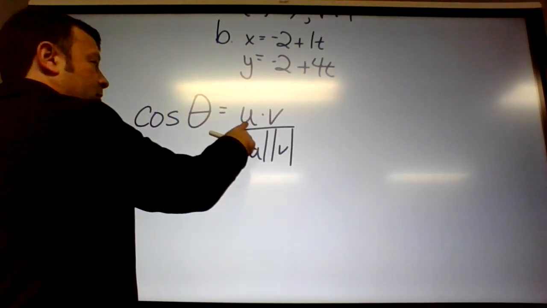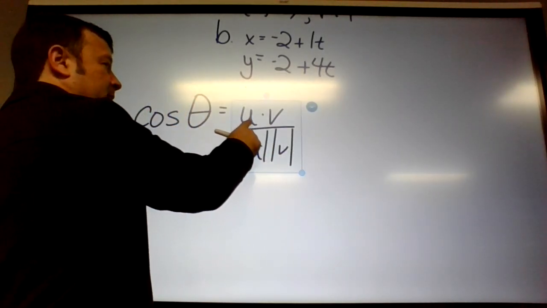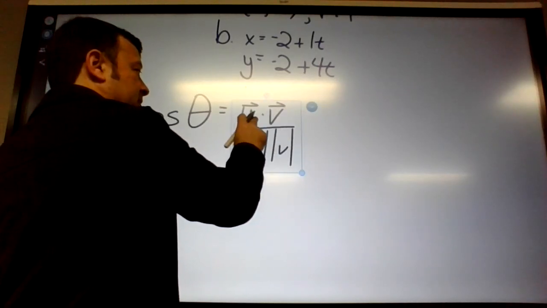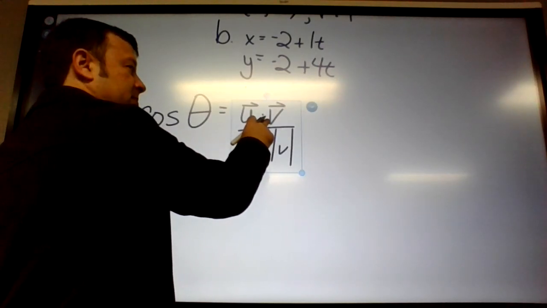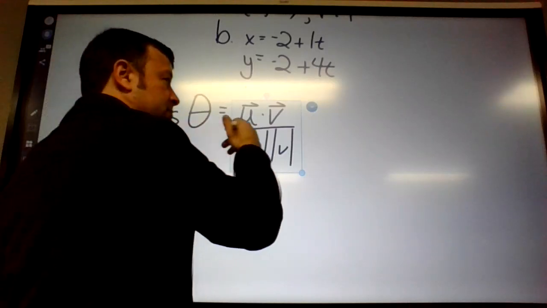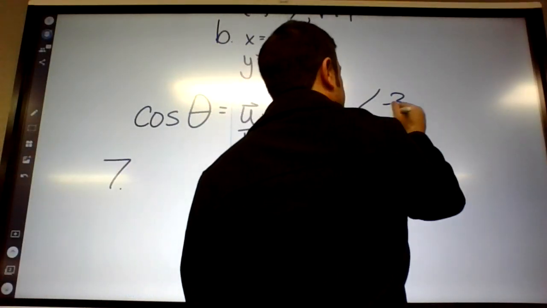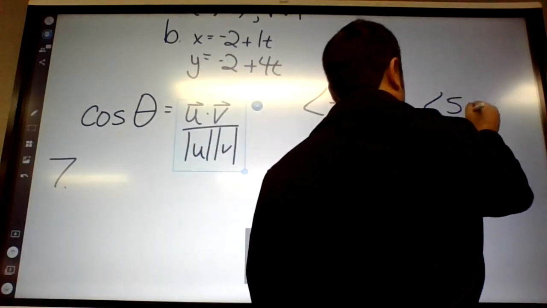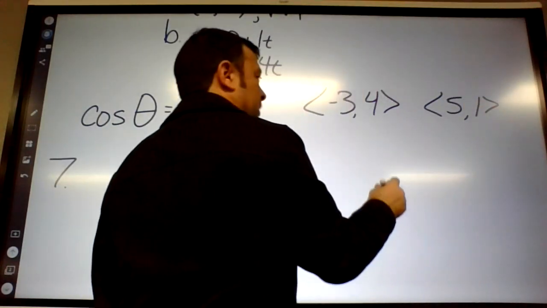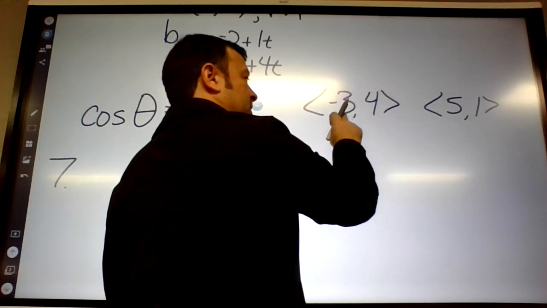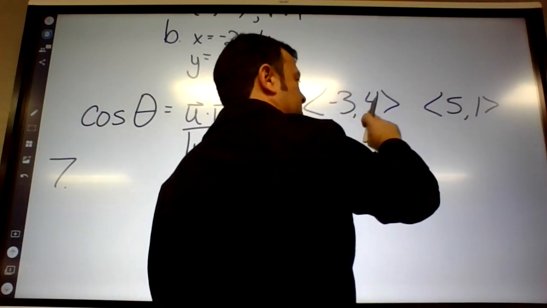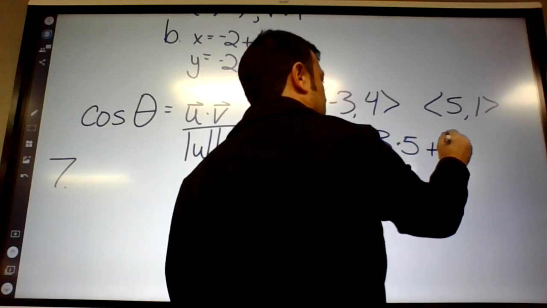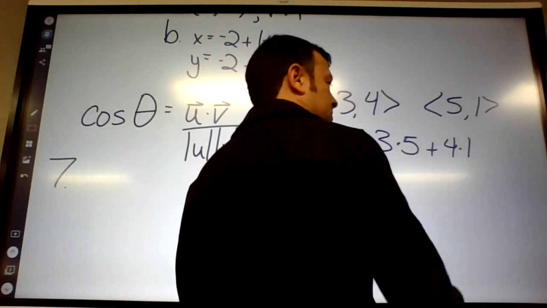Oh, shoot. Okay, before we do this, let's remember, what does u dot v mean? So these are vectors. What does it mean when you put a dot right there? Let's do an example. Yeah, it's called the dot product. If you do the dot product of two vectors, you basically do the x times the x plus the y times the y. So this one would be -3 times 5 plus 4 times 1.